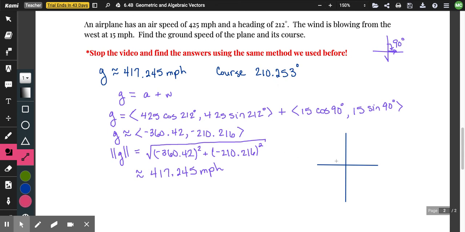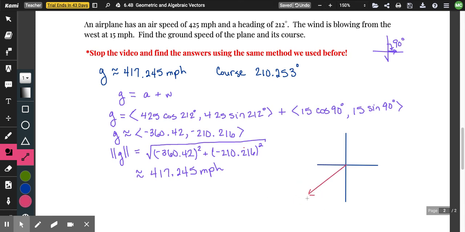We'll take this back and relate it to our geometric representation in a few minutes. But if my ground speed vector is negative 360.42, negative 210.216, then when I draw it, the tail of it would be at the origin, and for the head, I'd have to go 360 point something to the left, and then 210 down. So about like this.